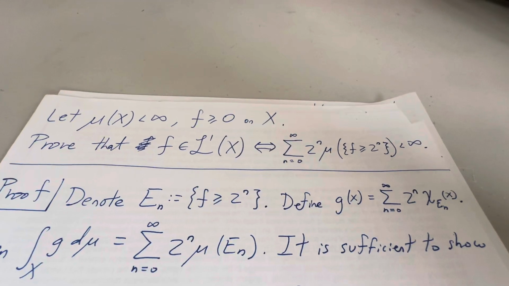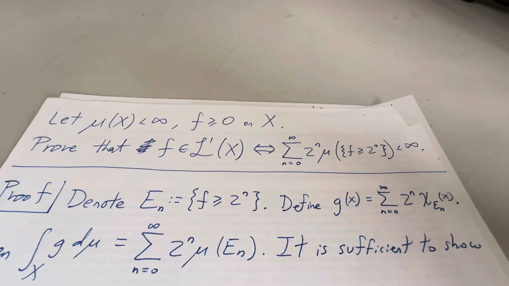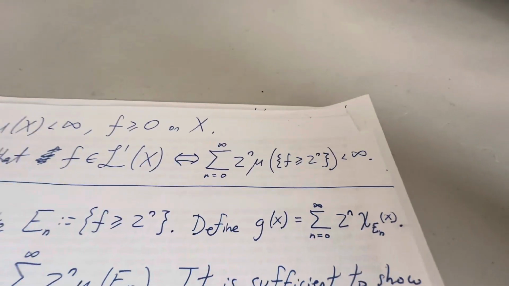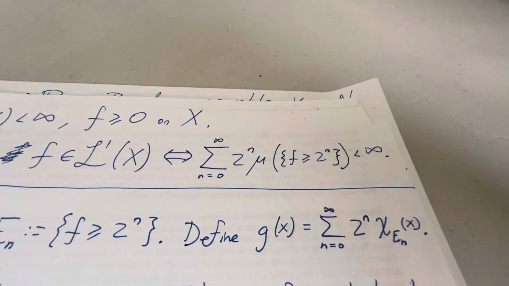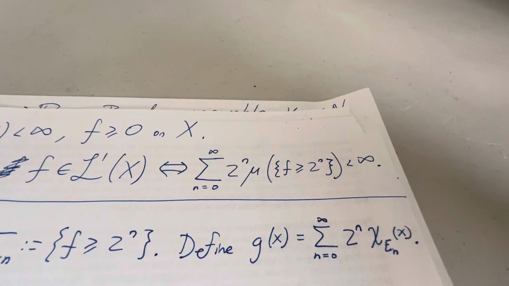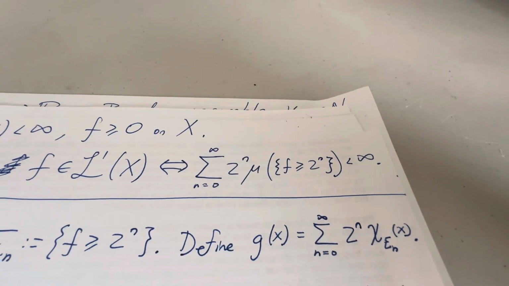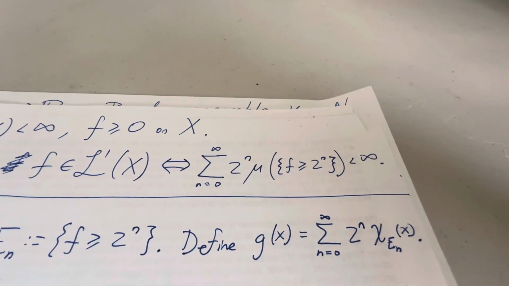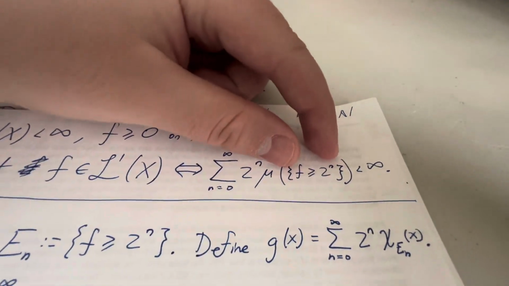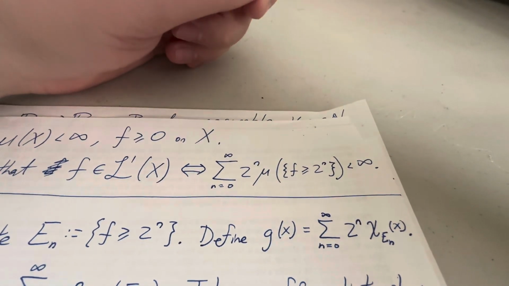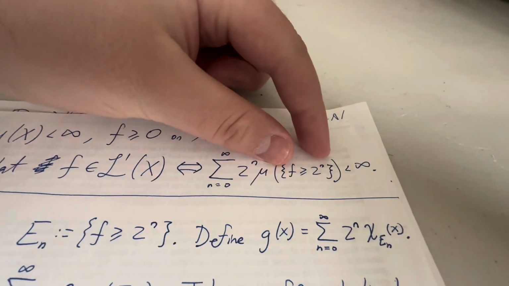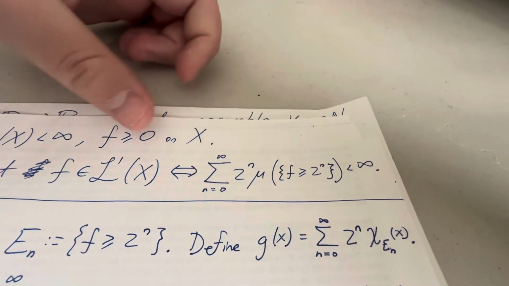And we want to prove that f is an L1 function, meaning that it's integrable over the space X, if and only if the series from n equals 0 to infinity of 2 to the n times the measure of the set of all points x such that f of x is bigger than or equal to 2 to the n is finite. And I know I said a bunch of words there and it's not really written down. This is a shorthand notation that textbooks will use all the time to describe what I said. So you do need a little bit of measure theory to understand what's going on with this statement. And that's the problem. We want to show if and only if.